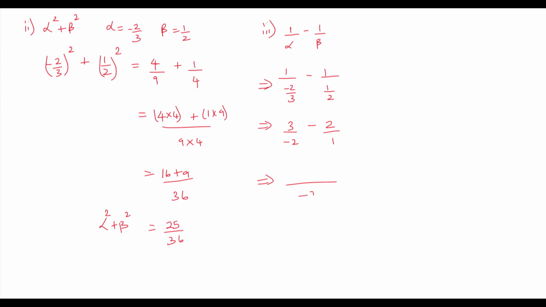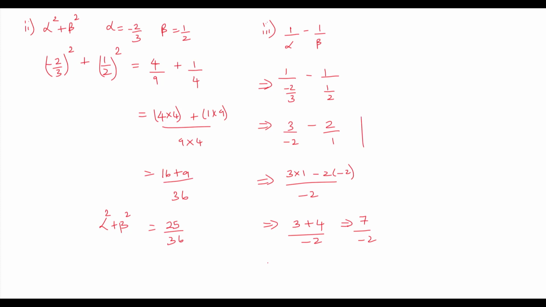LCM of these two is minus 2, will be 3 into 1 minus 2 into minus 2. That is 3 minus of minus is plus 4 by minus 2. That is indeed equal to 7 by minus 2.